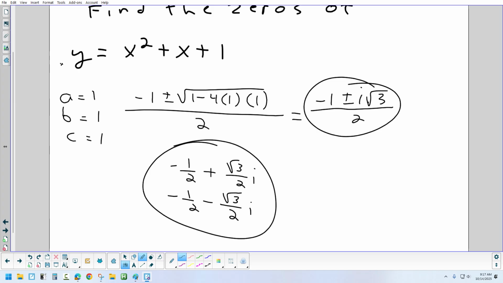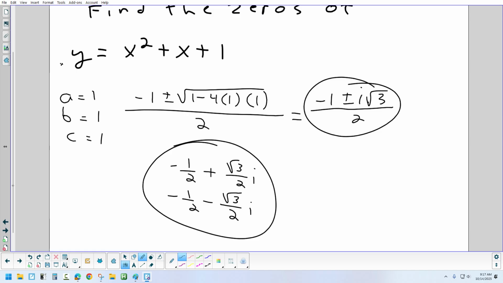Those are the two answers if you write them out in standard form. What's the relationship of these two numbers to each other? They are what? Yeah, conjugates. They are conjugates.